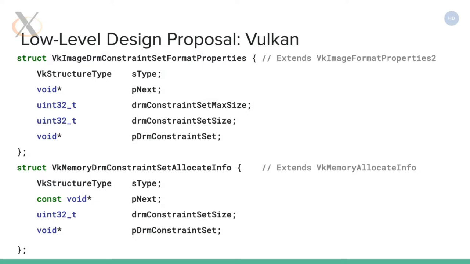The current thought is to extend VK get physical device image format properties to return constraints in addition to the other information it returns. It's not completely clear yet how that squares with the usage of that same function to report format modifiers. I think you might need to specify only one modifier per call and call it multiple times or something. That's not totally worked out yet.